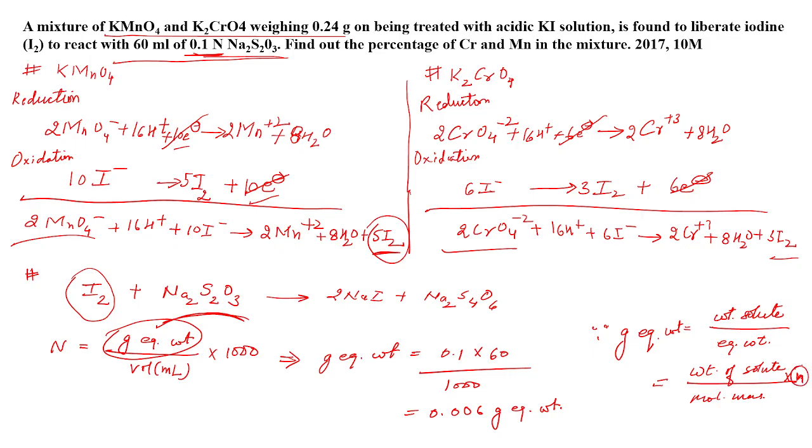Here N is, because in a redox reaction, the number of electrons or protons involved.